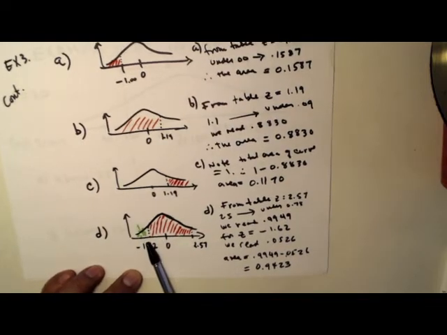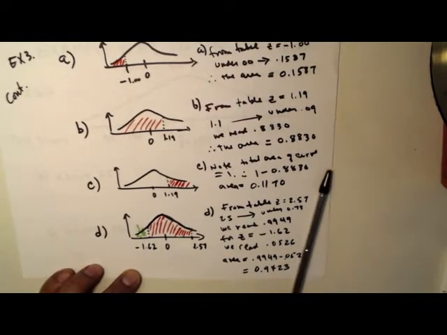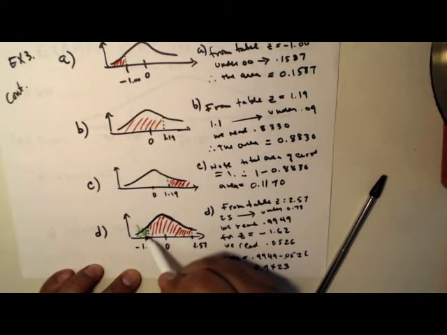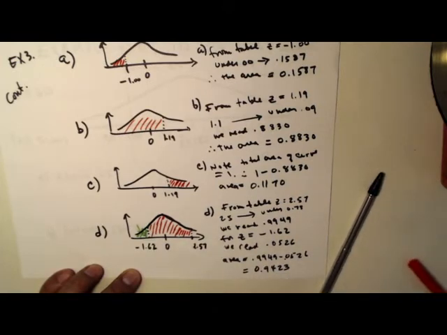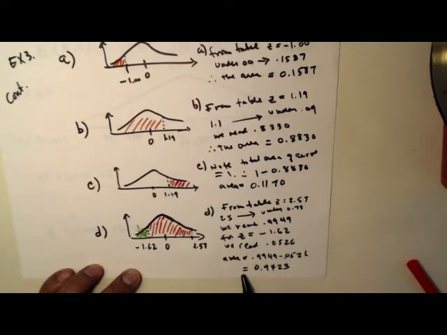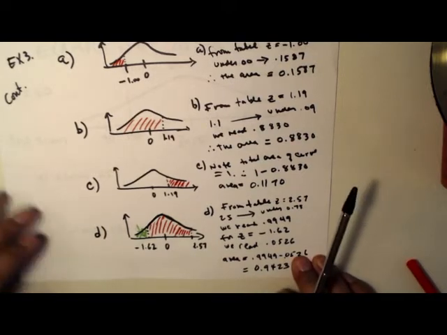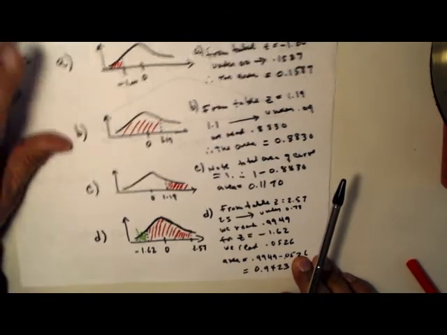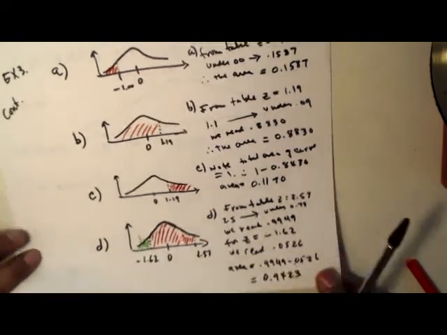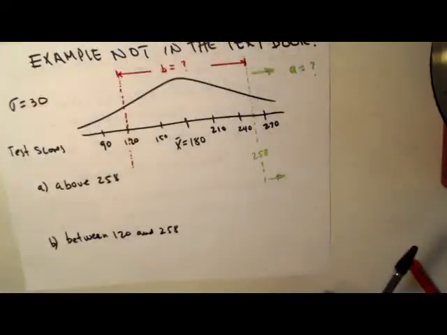I don't know whether you can see the green, but it's right here. And so the answer is going to be 0.9949 minus 0.0526, and that results in 0.9423. So this is the technique that you need to use to calculate these percentages and the area under the curve.